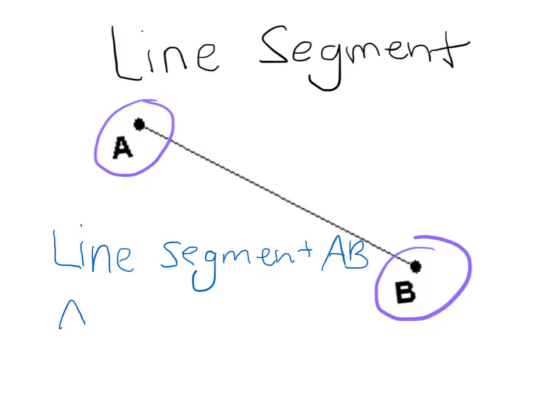So we could just write A, B, and you can put a little line over it. And it means the same thing as line segment AB. But because it doesn't matter which point is the beginning and which point is the end, we can also reverse it. So it could also be called line segment BA. So this is 3 ways of naming this one particular line segment.